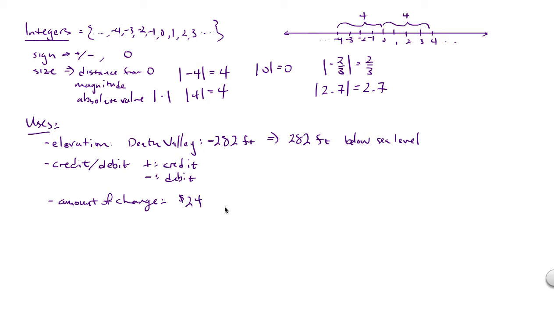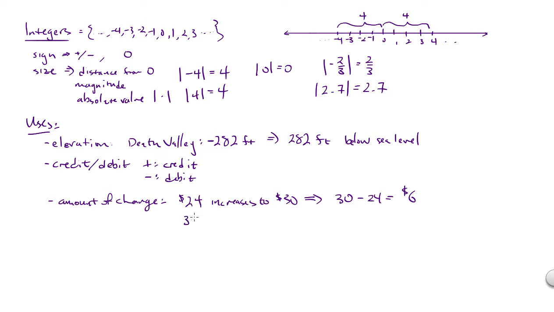If we have something that's worth $24 and it increases in value to $30, then we can represent that change by subtracting 30 minus 24, a positive number, $6. A positive $6 increase in value.